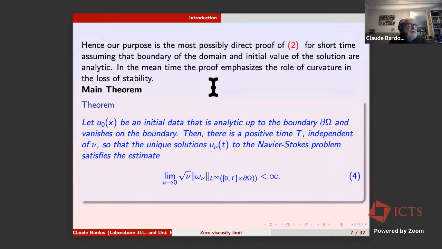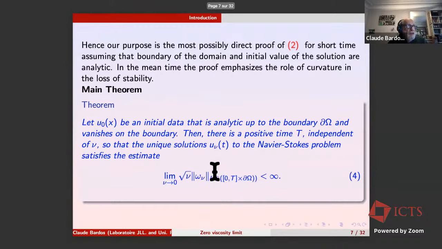The hypothesis is that you consider initial data which are analytic, you consider a boundary which is analytic, that means very regular, and then you prove that for a positive time, which is independent of nu, you have the control of the velocity, which says that the square root of nu, of the Reynolds number, multiplied by the sup norm of the vorticity on the boundary is less than infinity. That's enough to get the equation 2.